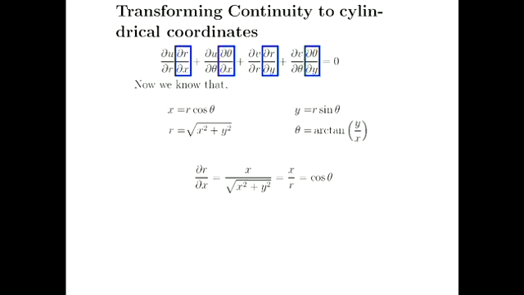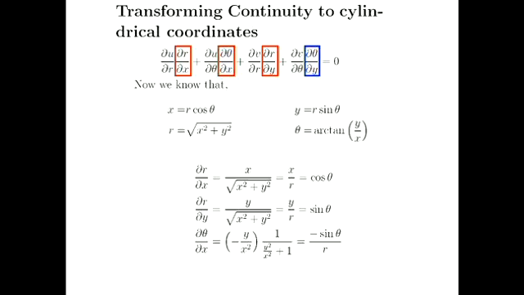But my point is that if you take those terms one at a time, you can write out expressions for them, okay? And I'm certainly not suggesting that that's fun, okay? So all of those terms, dr/dx, dr/dy, d theta/dx, and d theta/dy have simple expressions.